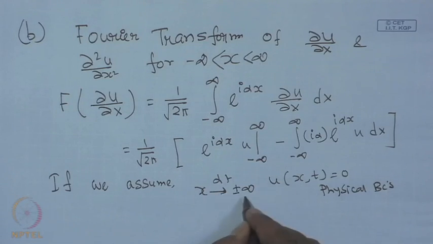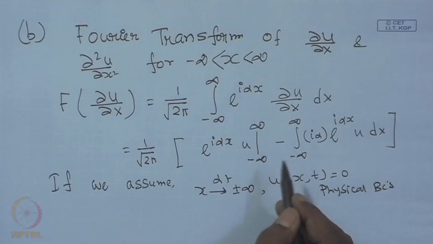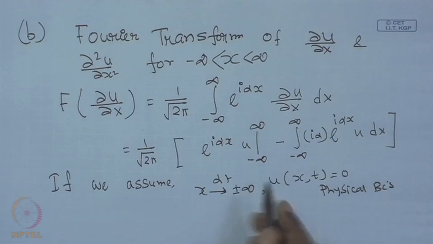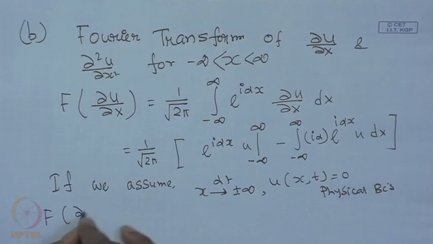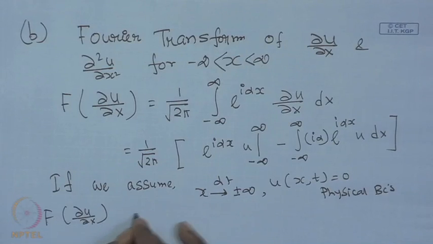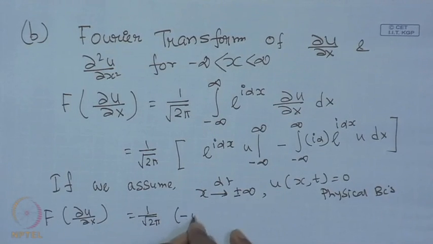So, this is very important and we have to take care of this. We impose this boundary condition that as x tends to plus minus infinity, u as a function of x and t becomes 0. If that is the case, then we solve lots of these problems. So, the Fourier transform of del u del x now becomes 1 over root 2 pi, minus i alpha.